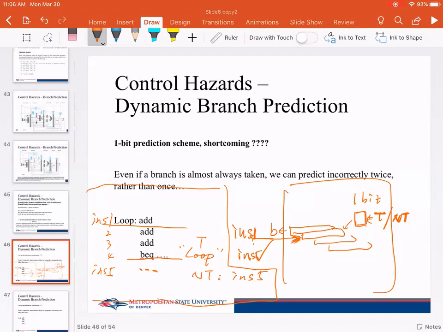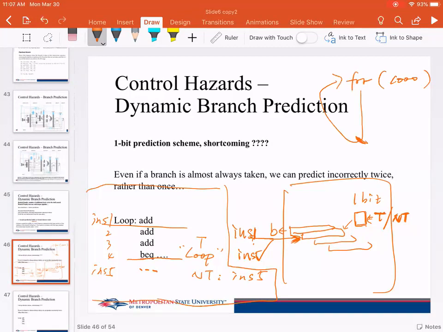You might be wrong a couple of times, but correct for a much longer time. For example, if I have a for loop and I'm looping for 1,000 times, initially my prediction is that the branch is not taken, and my prediction is wrong, so I need to update my buffer the first time.